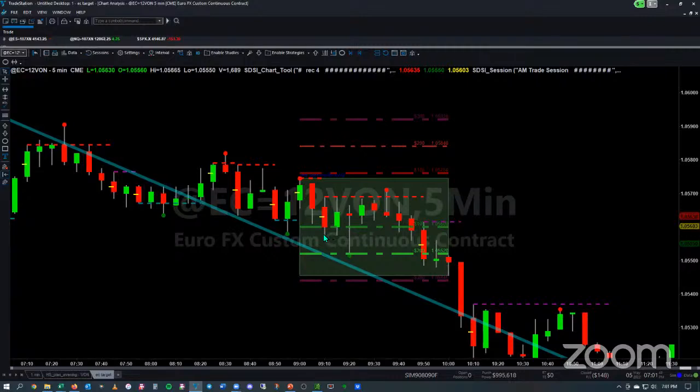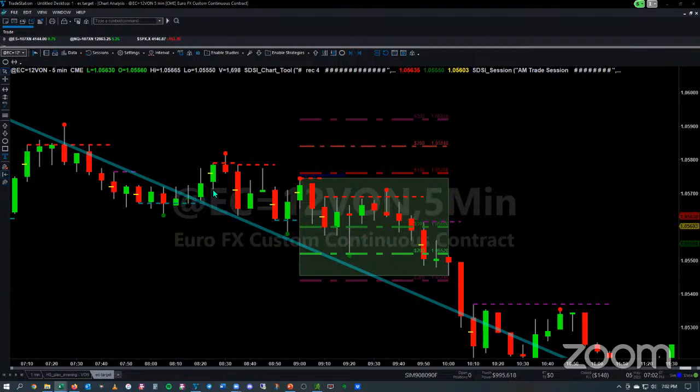And you can see here, I went short and I would have made my $100 target, and I would not have gotten stopped out at my $100 stop. So that's one way I looked at it. Another way I looked at it was a lot of people like to look at price action with two bases.